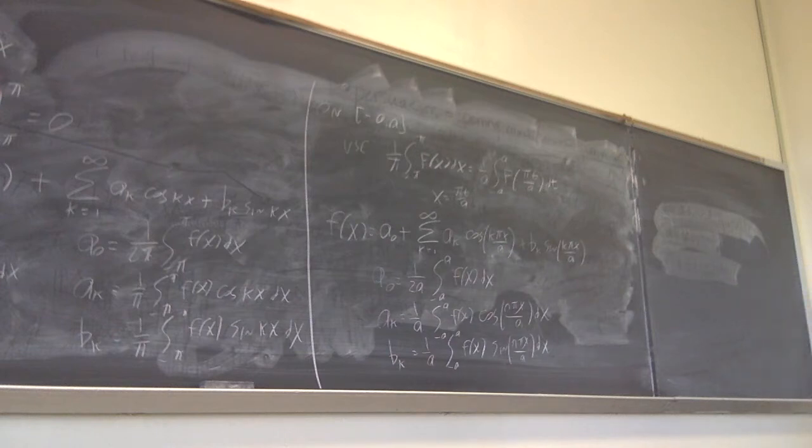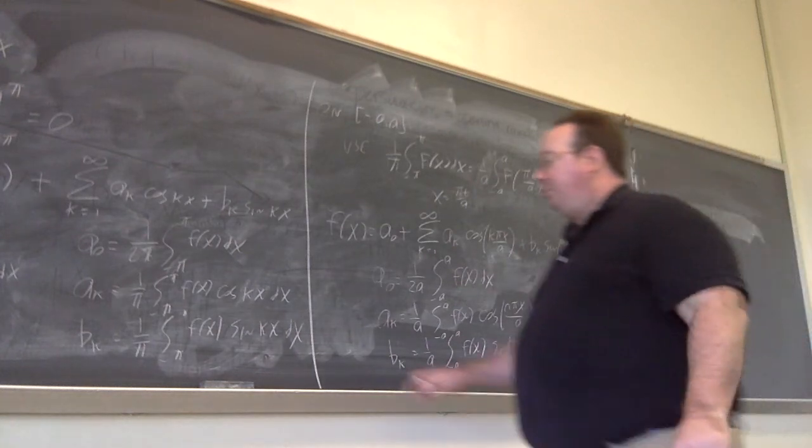Okay. Now, so this is a case of still a symmetric interval, minus a to a. But using even and odd functions, we can also get Fourier series on an interval of a form like 0 to a without too much difficulty.